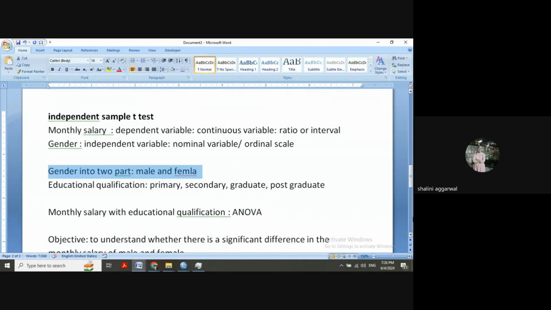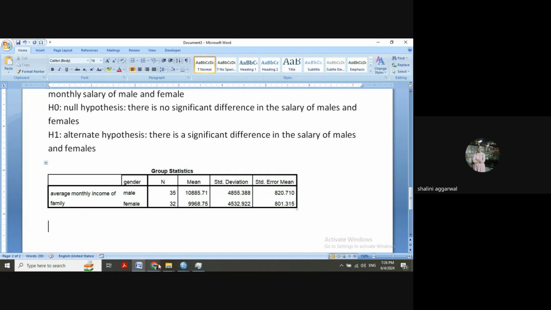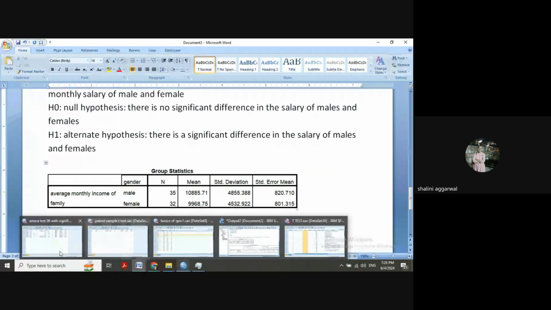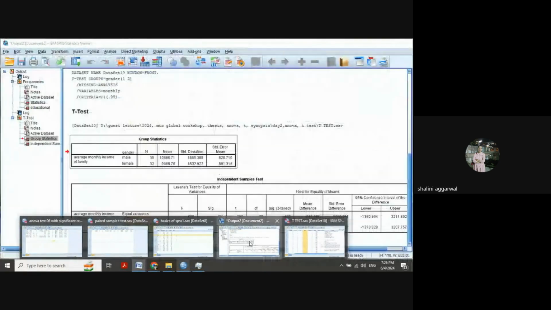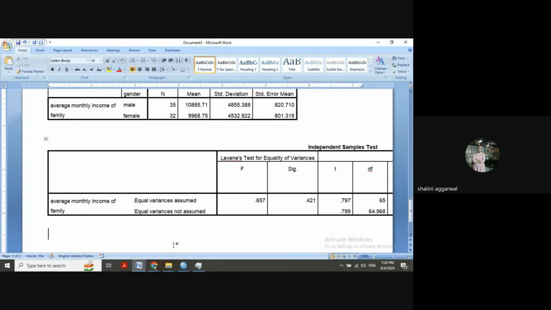Let me put this into my Word file. This is one table that we have got in the output window. And this is the other table that we have got. So let me put it here. Okay, now. Right. So these are the two tables that we have got.